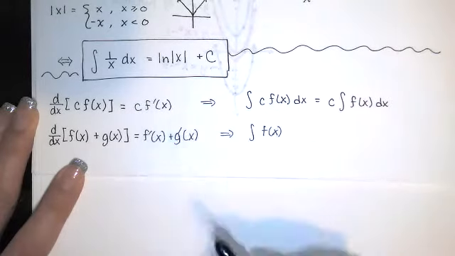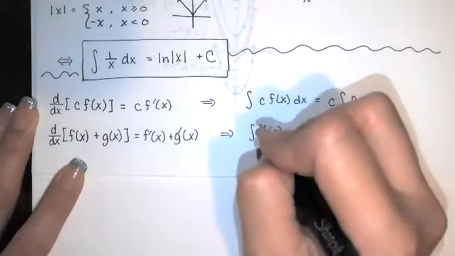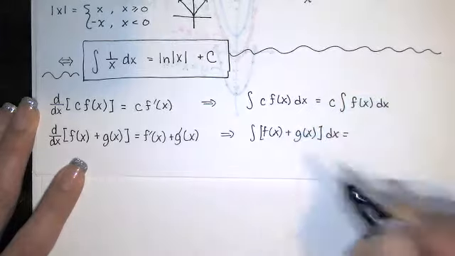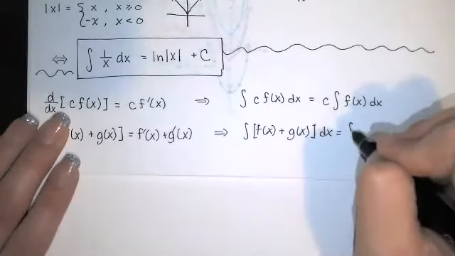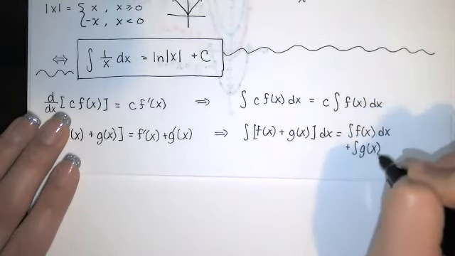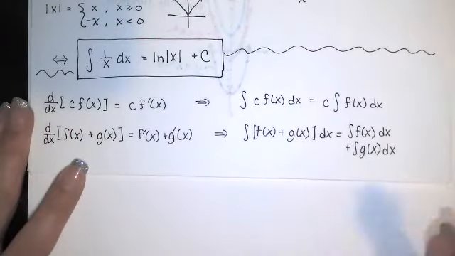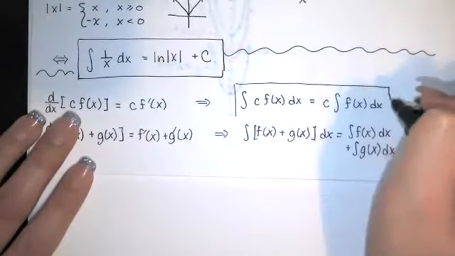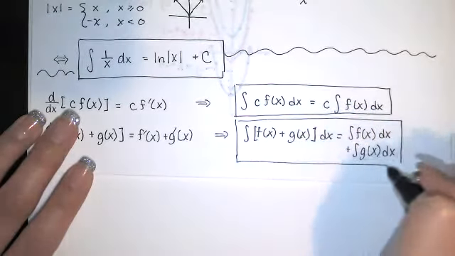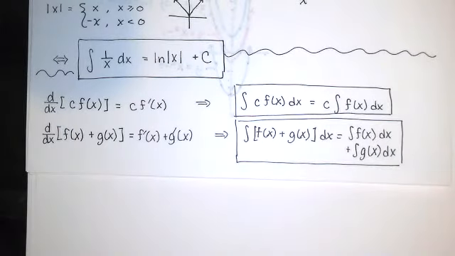Well, if I'm undoing that, so I'm going from here to here, it makes perfect sense that the antiderivative of a sum is the sum of the antiderivatives, because I'm just doing what I did over here, but in reverse. So we've got some rules now. See if we can't add a couple more rules.